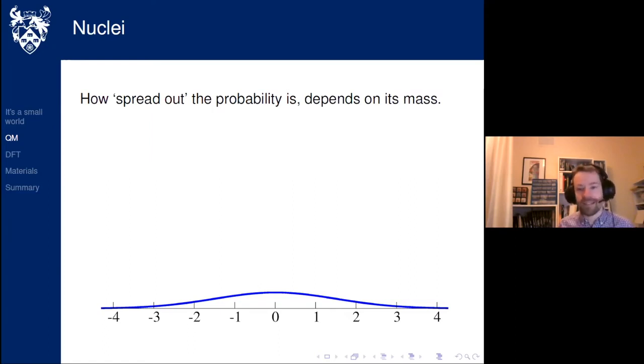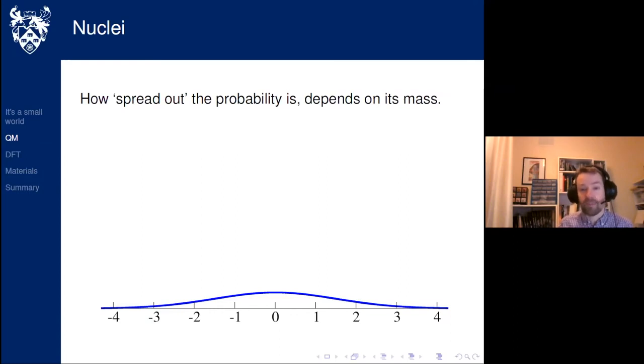If you're interested, it's a potential well a bit like a spring. It's actually a parabola, an attractive potential that the electron sits in. And the wave function and the probability, I've actually plotted the probability here, not the wave function, you can see is spread out.